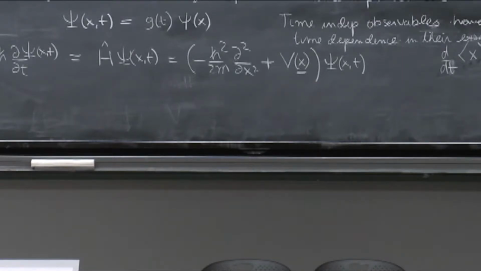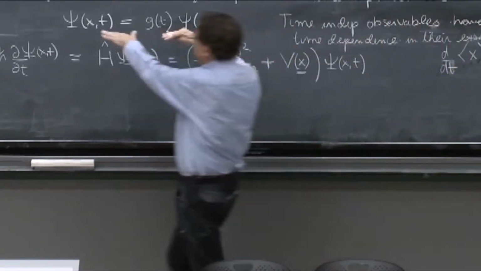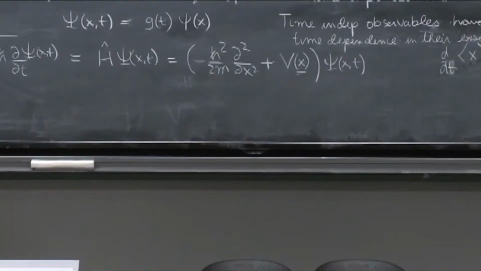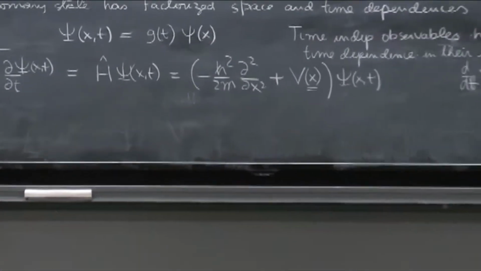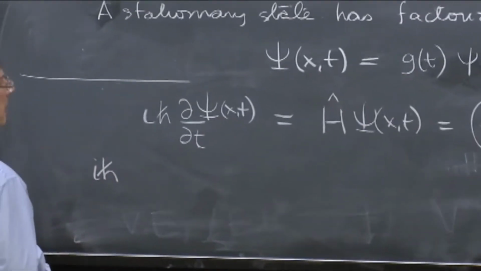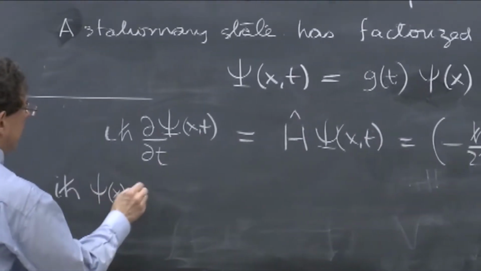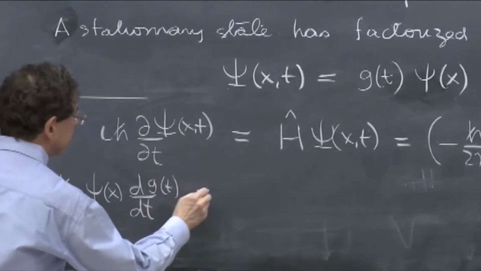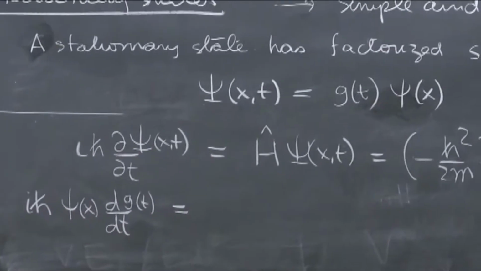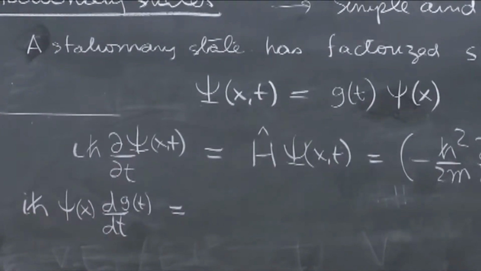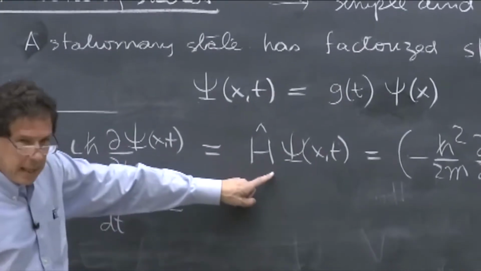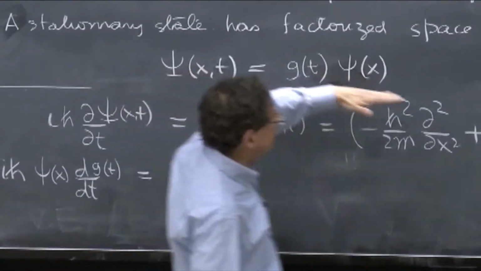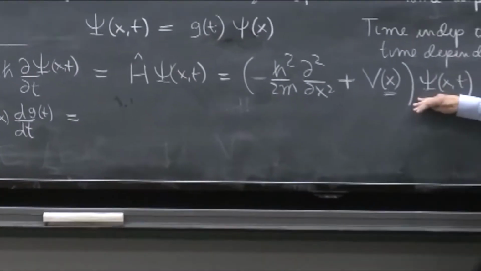Okay, so what we do next is to simply substitute the value of the wave function into the differential equation and see what we get. On the left-hand side, we will get i h bar. The psi of x goes out, but you have d/dt, now a normal derivative, of g of t. And now this factor H hat acts on these two things. Imagine the function of time times the function of x sitting here.